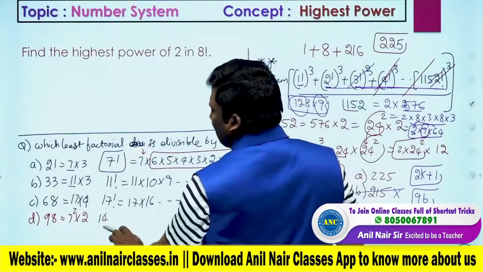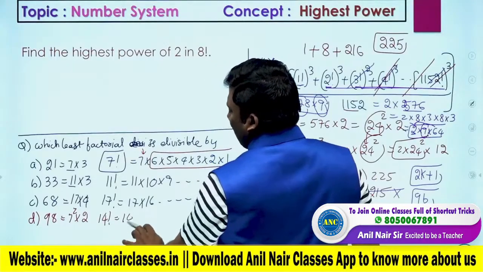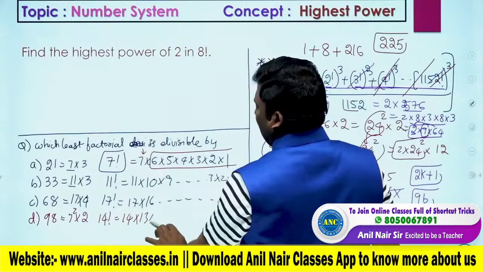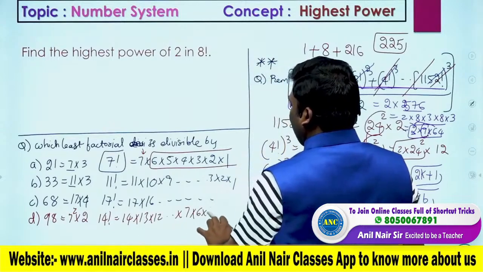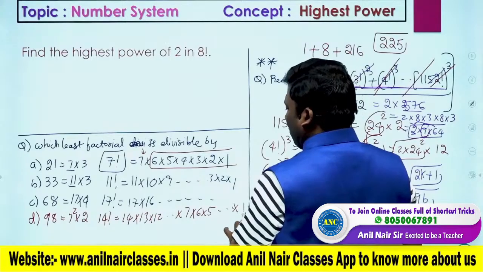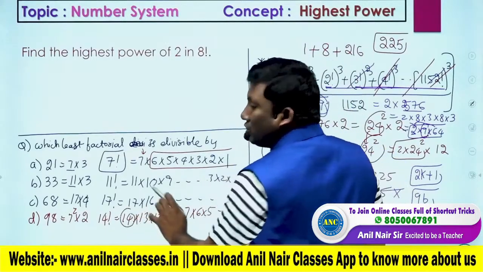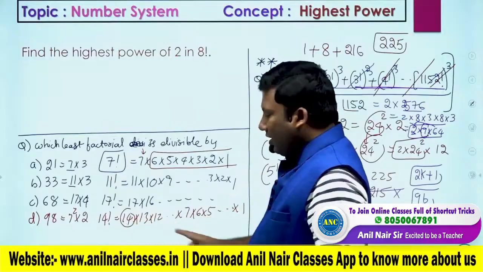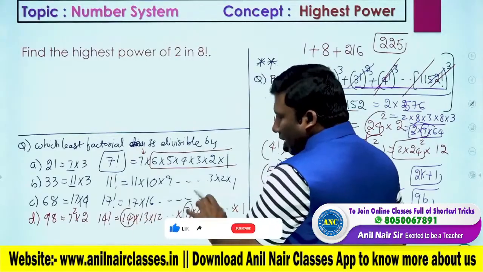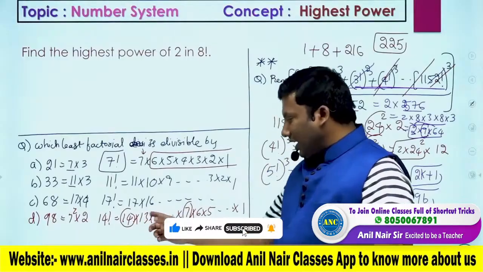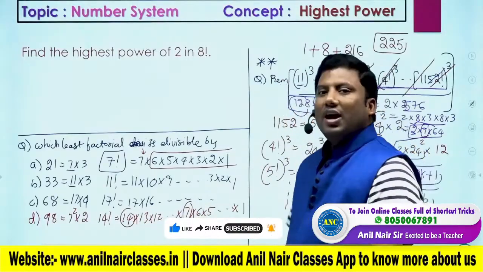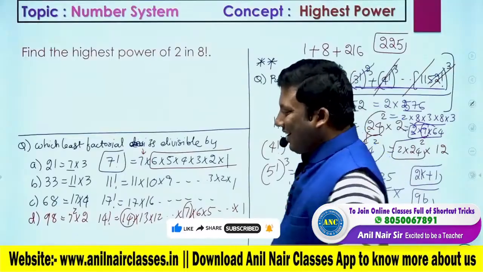So the answer will be 14 factorial. Why? Because it is 14 into 13 into 12 and so on up to 7 into 6 and so on up to 1. It is 7 into 2. 1 power of 7 we got here, and here also 1 power of 7, so 7 into 7 is 49. Anyway, 2 will be present. I hope the idea is clear.